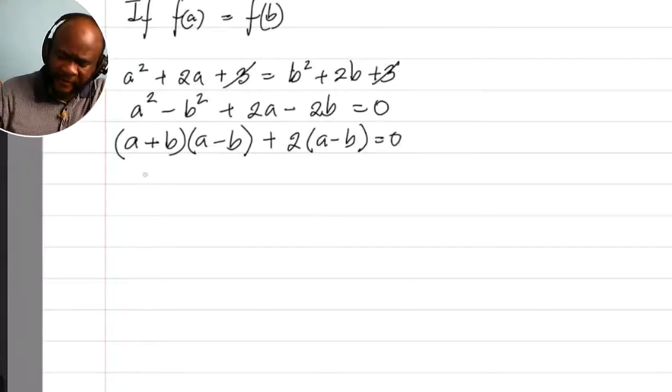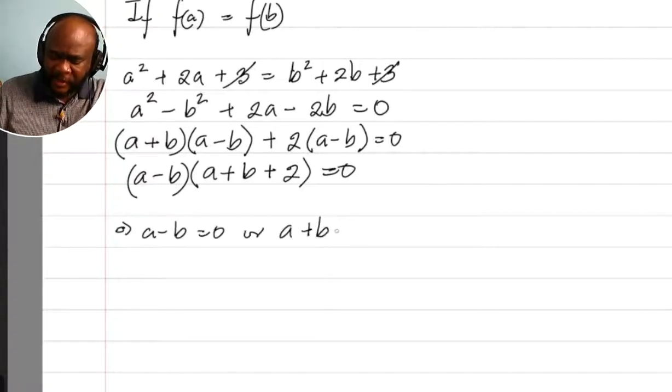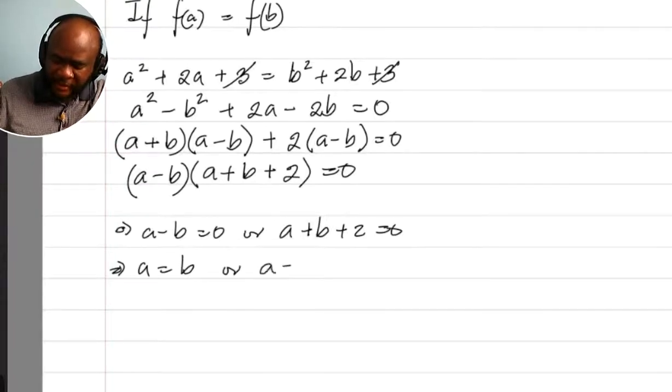So now we're going to have a minus b outside the bracket. Over here, we're left with a plus b. And over here, we're left with 2. And this is equal to 0. Therefore, a minus b is equal to 0, or a plus b plus 2 is equal to 0. Therefore, a is equal to b, or a is equal to minus 2 minus b.